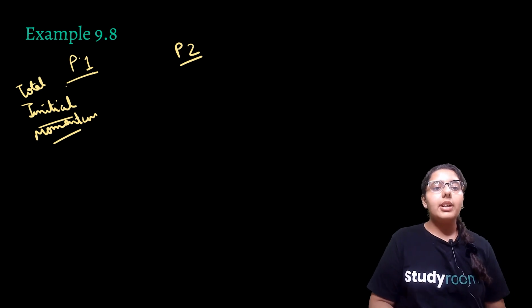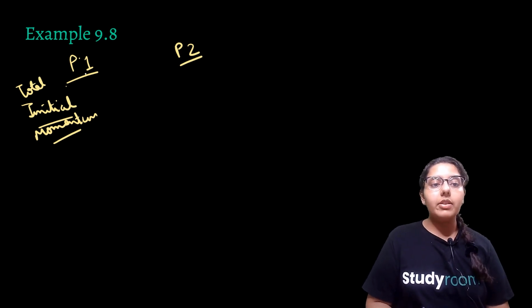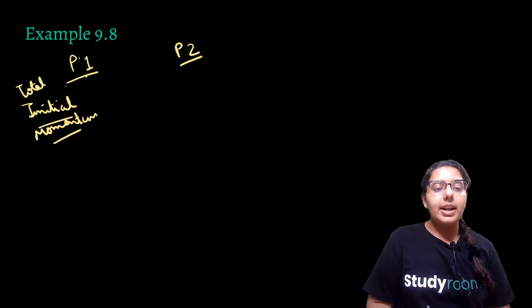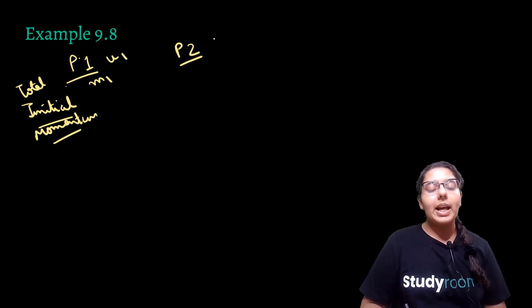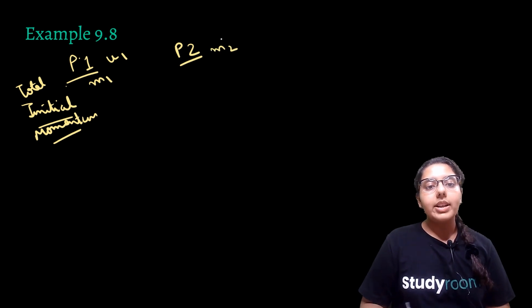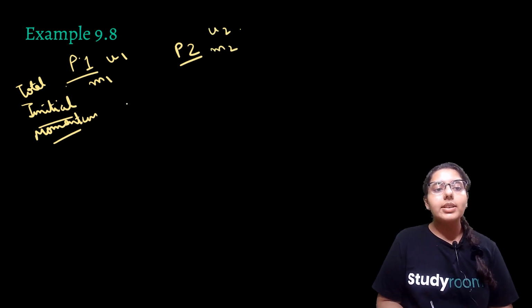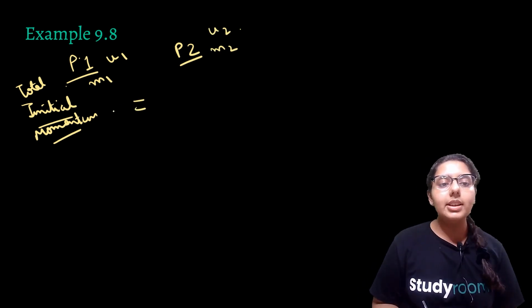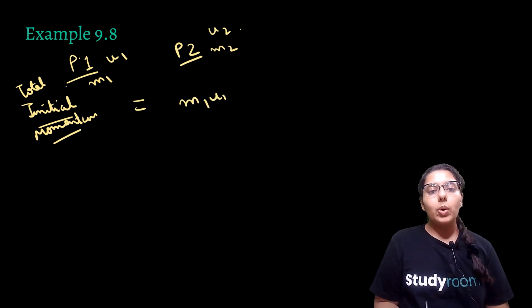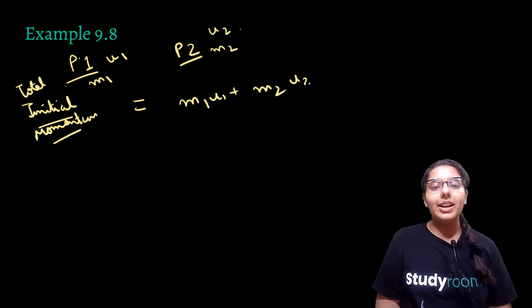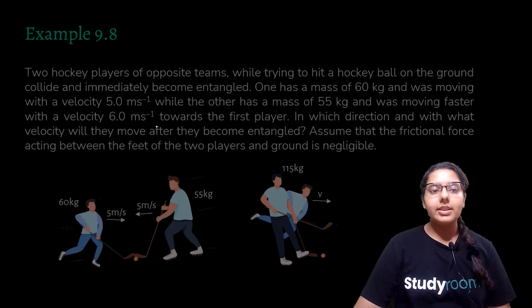For player 1, let its mass be m1 and its initial velocity be u1. For player 2, mass is m2 and initial velocity is u2. So what is the total initial momentum? Simply it is m1 u1 plus m2 u2.